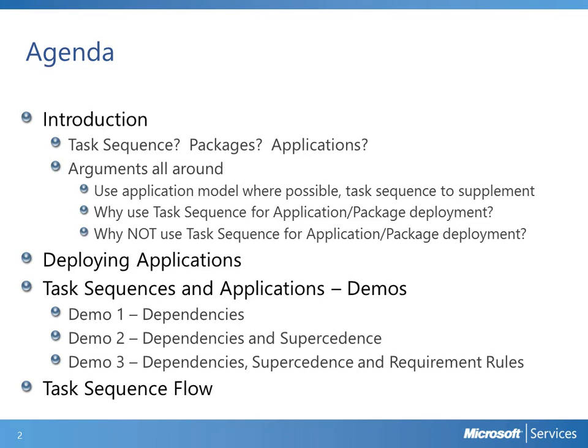So deployments where you want to use variables, conditionals to really drive the flow of the deployment, you can absolutely use task sequences for that. Now, in the default application model, you can use conditionals and such to make decisions as the application is rolling out, particularly in the requirement rules section, as we've seen. But in task sequencing, you can use those conditionals ahead of deploying the application, after deploying the application, to address certain specific deployment scenarios. Okay, I'll try to show you some of that as we get to the end of the discussion today.